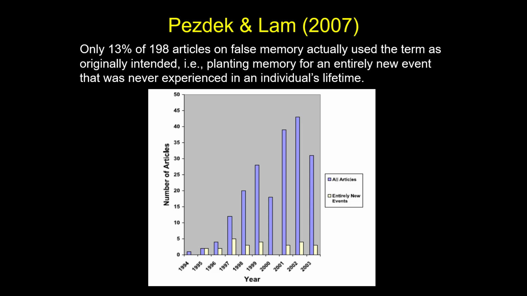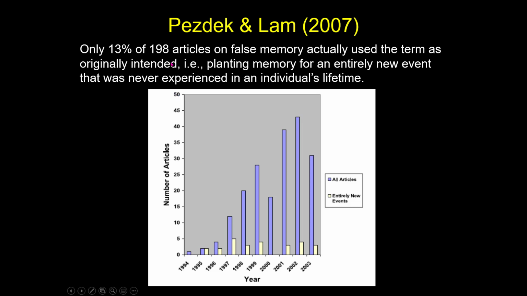And in their search, they discovered false memory research beginning as early as 1994, and they followed that all the way through until 2003. They would have been looking into their database and using search terms like false memory, and that would have returned articles which they would then have read and decided whether this really is going to be part of their review or not.